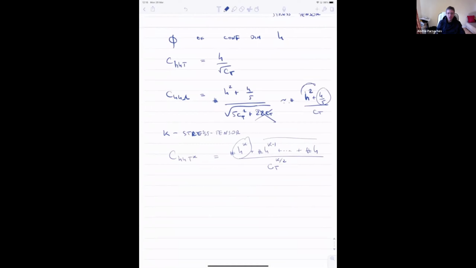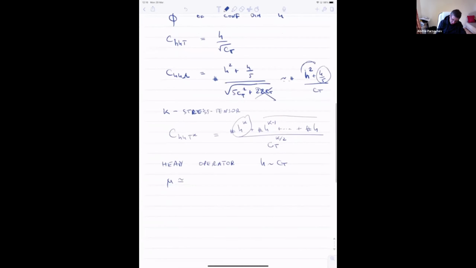This is the limit which I'm going to take throughout this talk, and also in high dimensional cases. In this case, I will call the operator heavy. H behaves like CT, with mu, the ratio of H over CT, fixed.